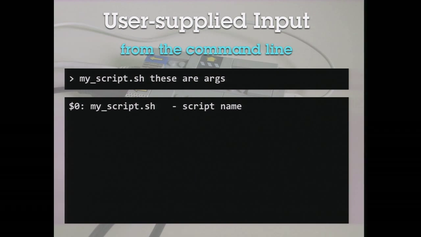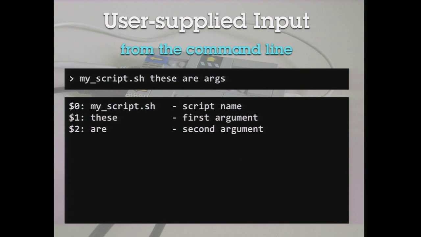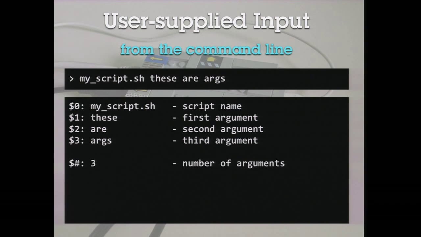Well, in bash, once the script is running, $0 holds the name of the script that was run. $1 is the first argument, $2 is the second, $3 is the third. If you need to know how many arguments were passed in total, you can use the number sign variable.